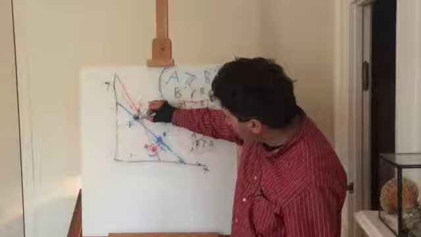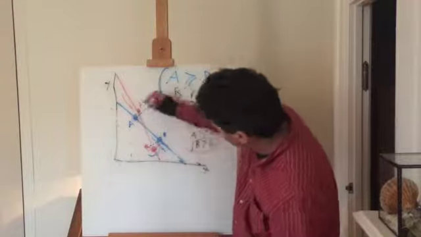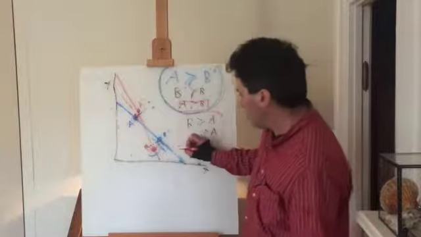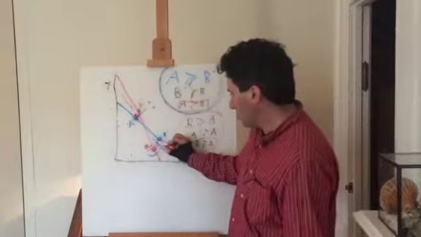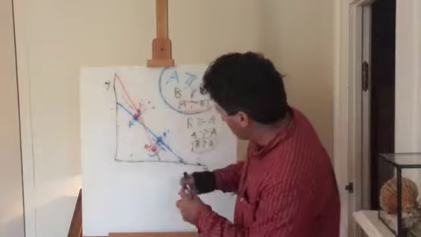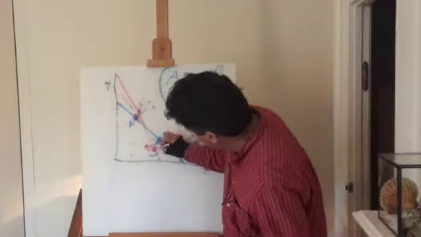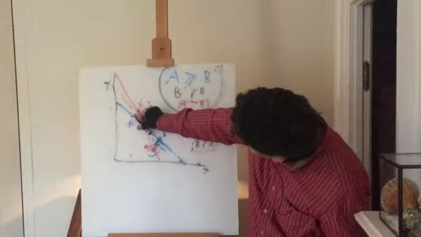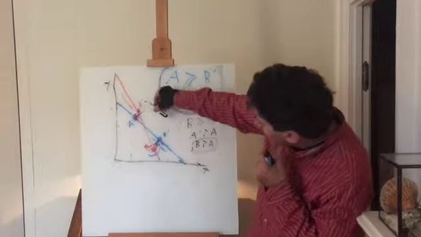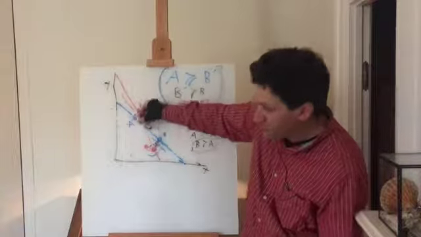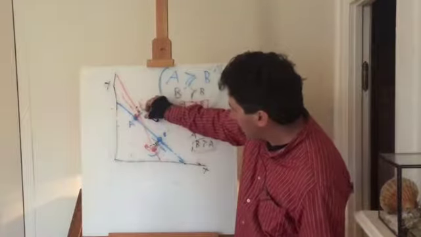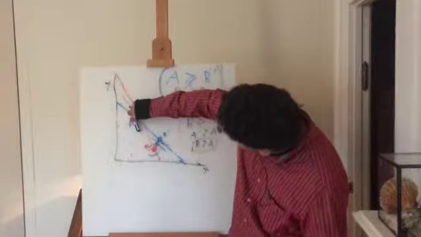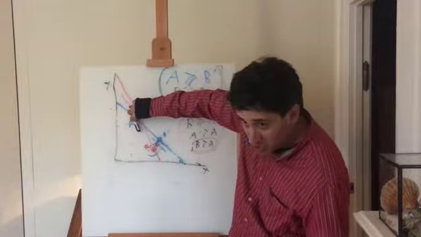Say they had chosen A under the red budget constraint, which would have been something strictly inside their budget set, and they had chosen B under the blue budget constraint. Again, something strictly cheaper than their budget set. We can think about how much income would have been saved in some sense. How much would we be able to push this in and still have them be just as well off?